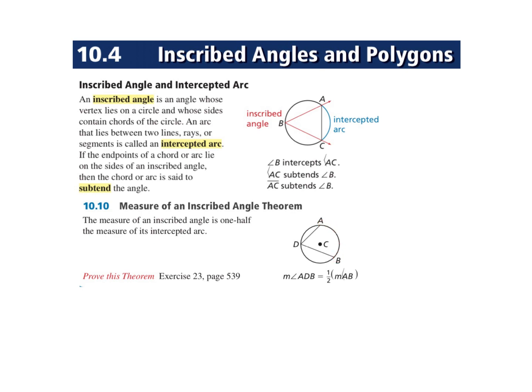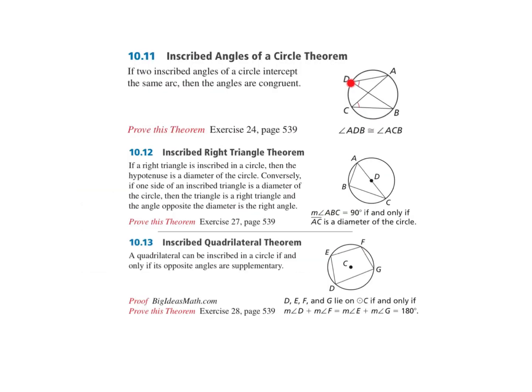Okay, and then we have these two. If there are two inscribed angles, and they make up the same arc, then they have to have the same angles. Okay, and then an inscribed right triangle theorem.